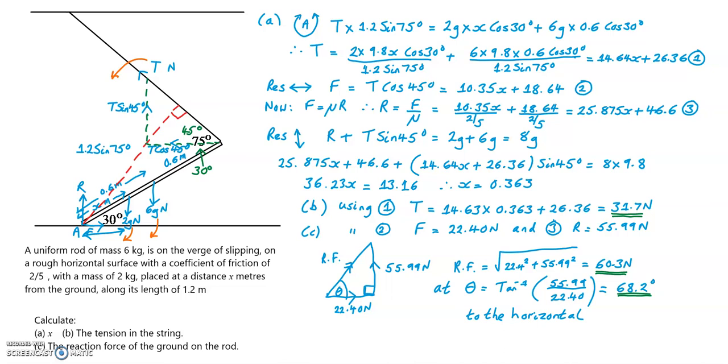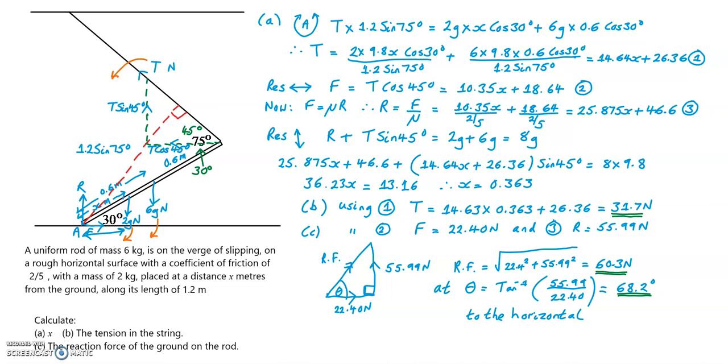So the frictional force equals 22.40 newtons, and using equation 3 similarly, R, the normal reaction, equals 55.99 newtons.